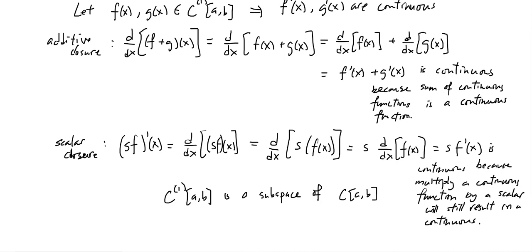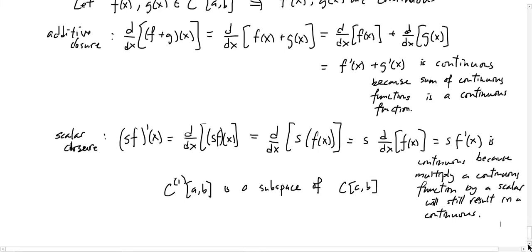Now, here comes the interesting part, and some of you are probably already thinking about it. What if I then take the derivative of all the functions that have a continuous first derivative? What will happen? Well, guess what? You form a different subspace. So this is how this whole thing works out.